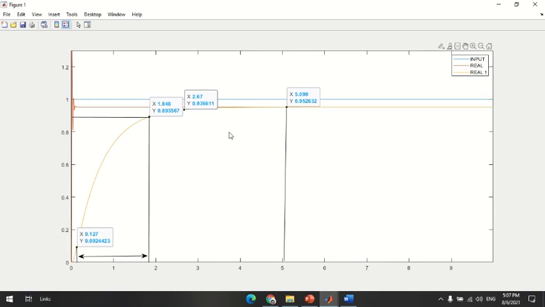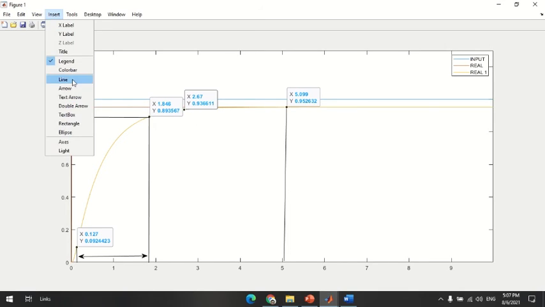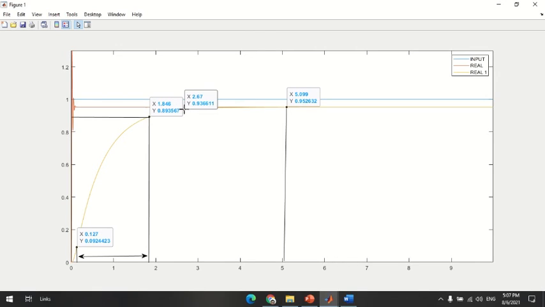So we can plot for the TS, and this is the TS. So for the peak, for the T peak, we can label it on here, on the final value.